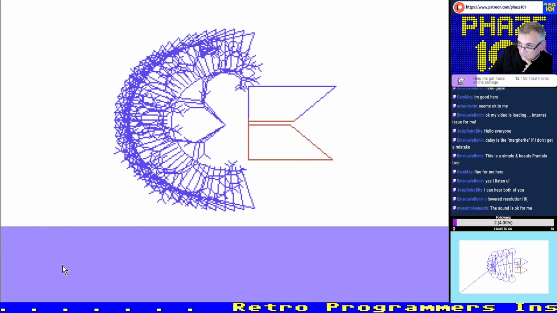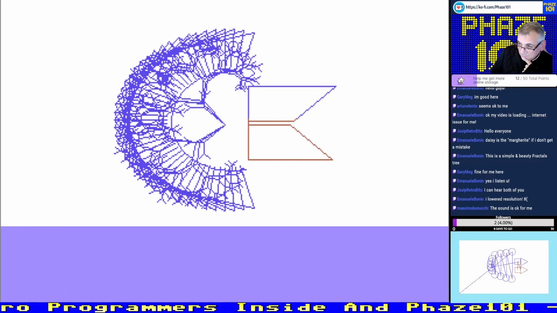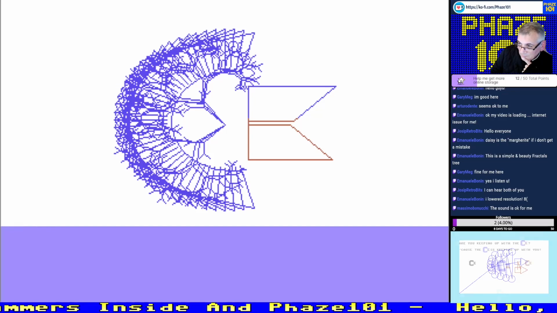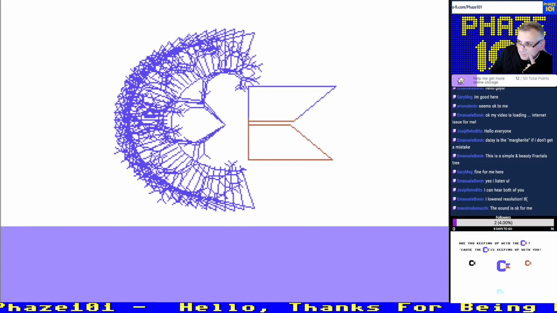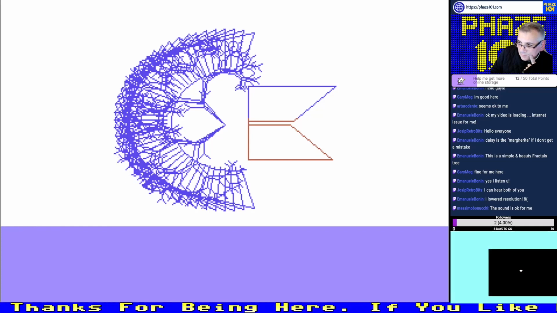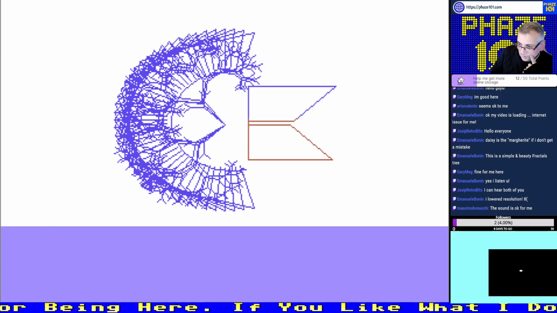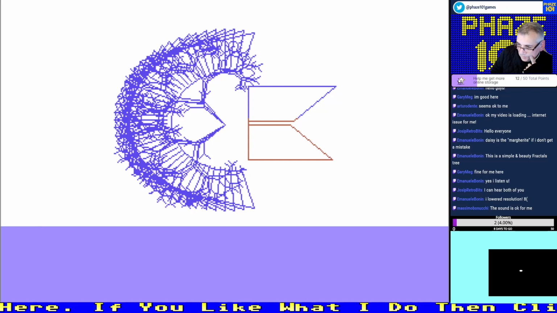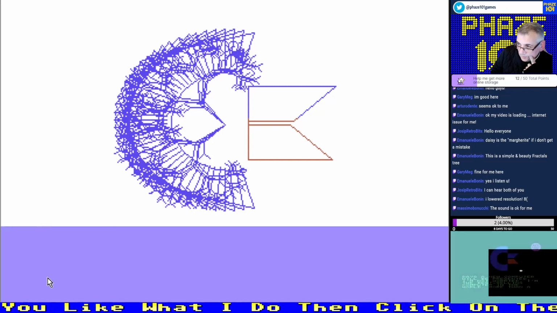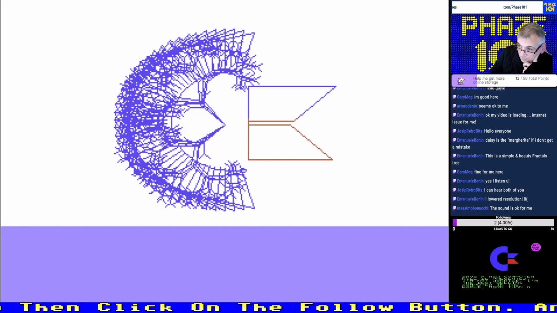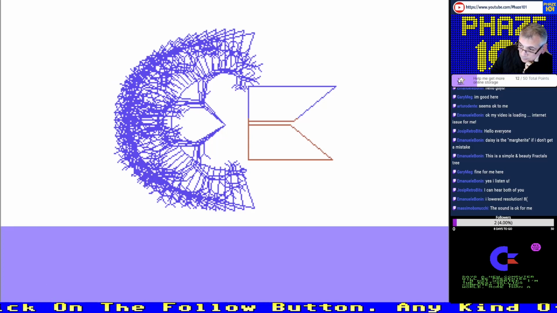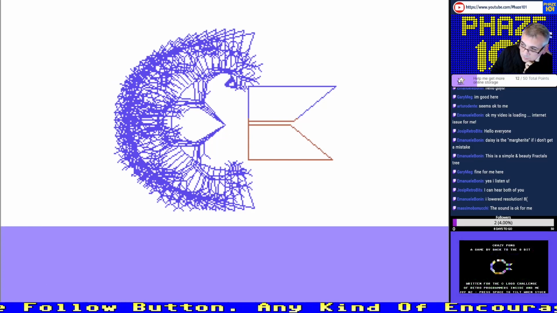Okay, I speed it up. Let's see if it takes too long. Yes, it was very long because there are many fractals designed. I think that he's using fractals in order to fulfill the picture. I see.